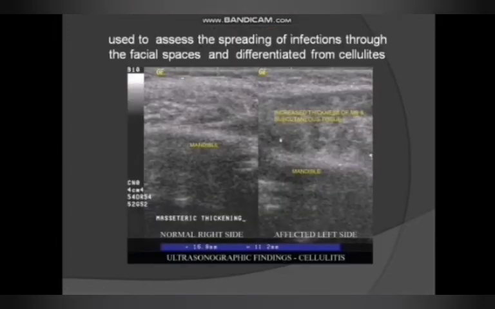Another use is to assess the spreading of infection through the facial spaces and differentiate it from cellulitis. The ultrasonographic picture in cases of cellulitis shows an ill-defined edge with a heterogeneous pattern and hypoechoic intensity. Also, there is an increase in thickness of the involved muscle and subcutaneous tissue.